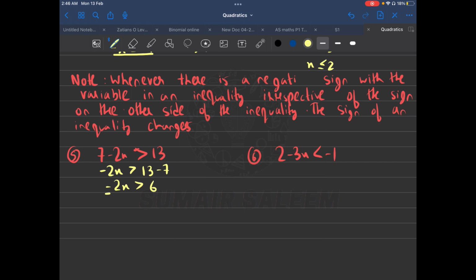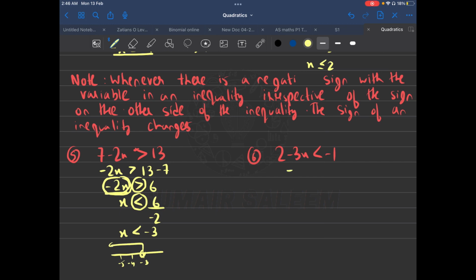Now, whenever there is a negative sign with a variable, when it's divided on the other side, the sign flips. If there is a negative number with x, when it goes to the other side and is divided, greater will become less or less will become greater. It's going to be x less than minus 3, which means this. And you go backward.